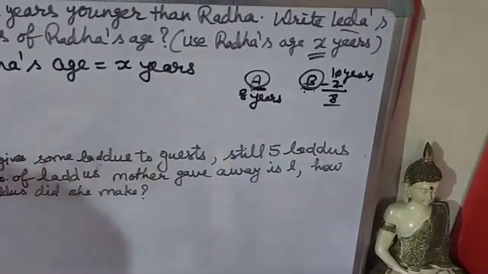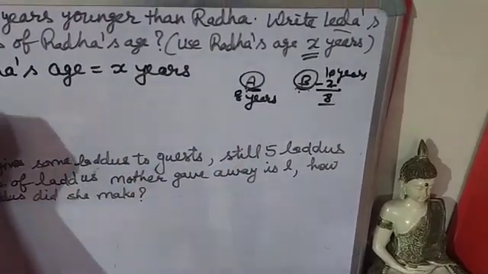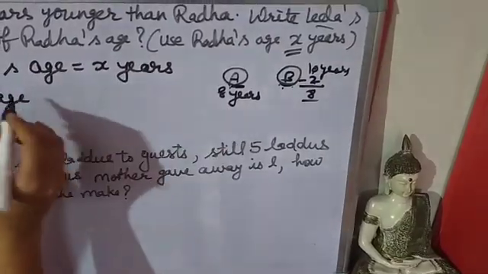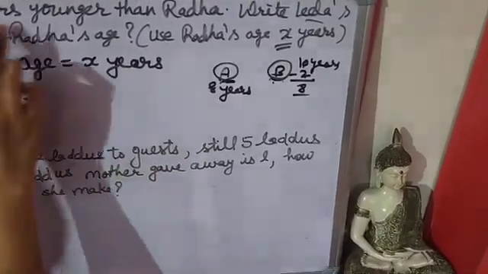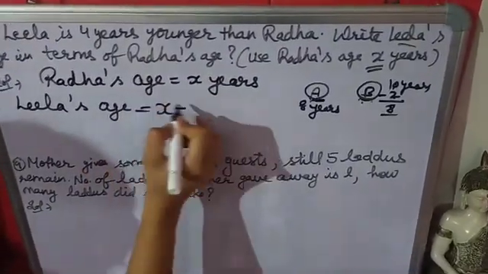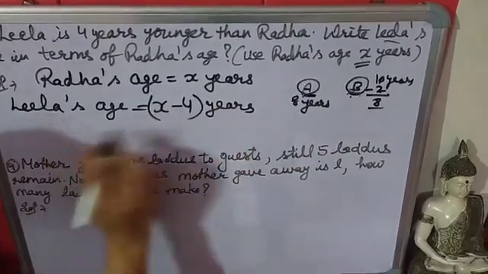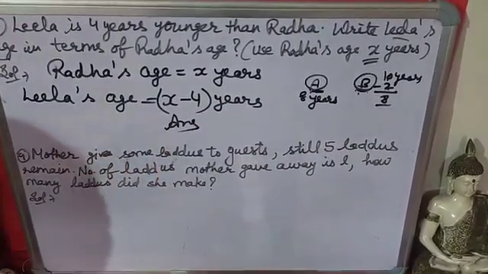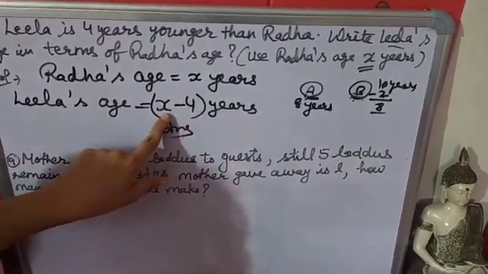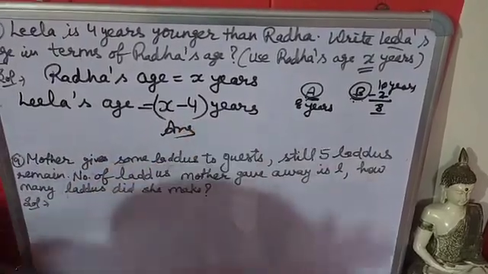So similarly we will do the same process in this question. If Radha's age is X years and Leela is the younger sister of Radha and she is 4 years younger, 4 साल छोटी है, so we will subtract 4 from Radha's age, so it will be Leela's age. ठीक है, we cannot solve this because we do not know the value of this variable, है ना, so this is the answer.